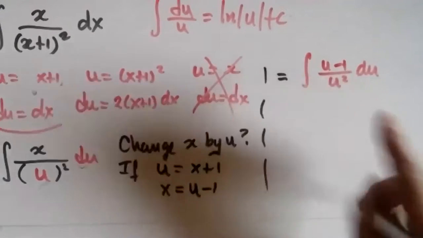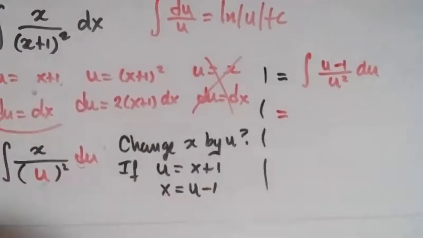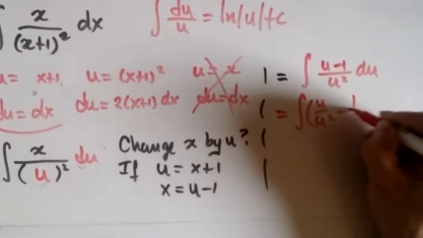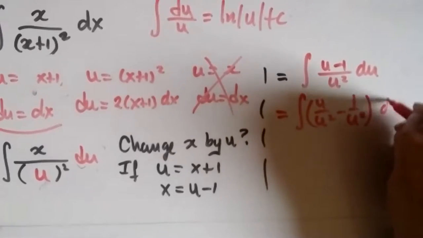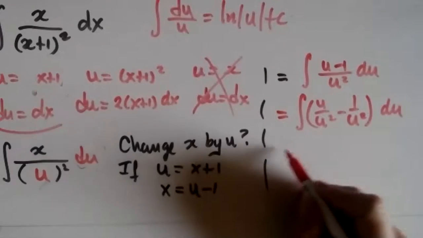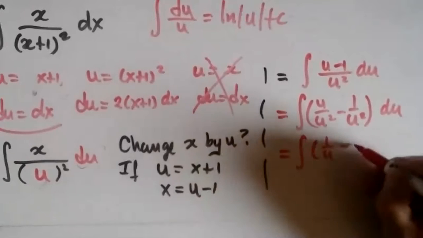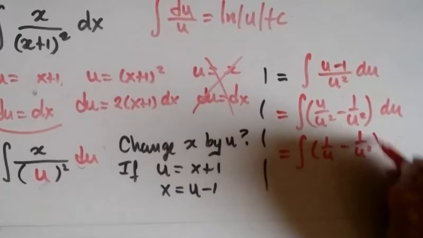You can distribute: the integral of u over u squared minus 1 over u squared du, which equals the integral of 1 over u minus 1 over u squared du.